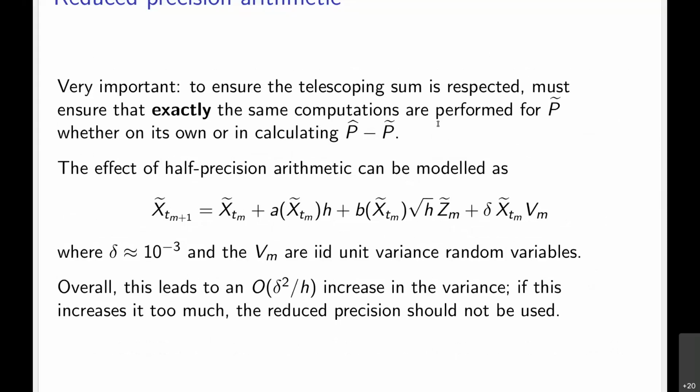The thing that you have to be careful with doing the reduced precision is that you have to make sure the computations really are done in exactly the same sequence when computing the p-tilde on its own, or computing the p-tilde in terms of the difference between p-hat and p-tilde, because you want the telescoping sum to work correctly.